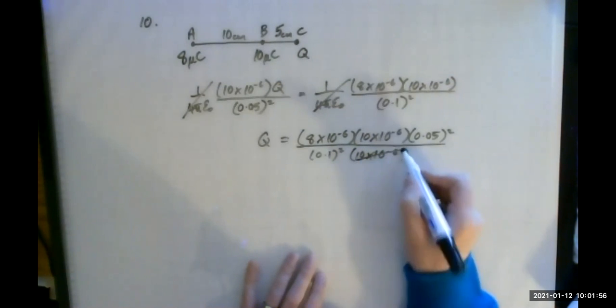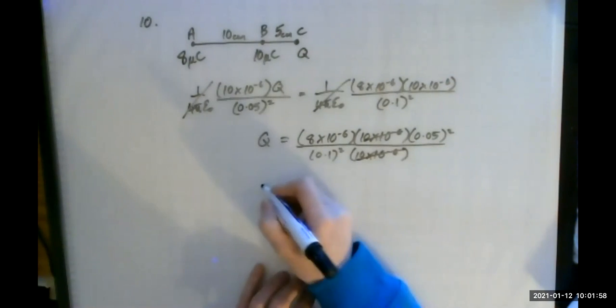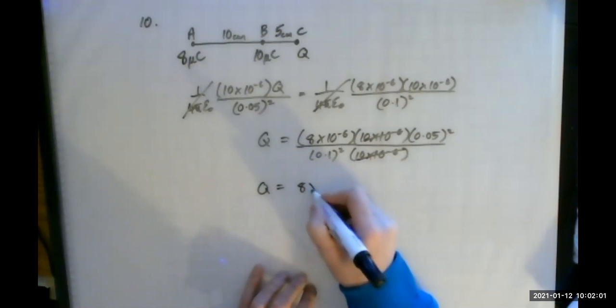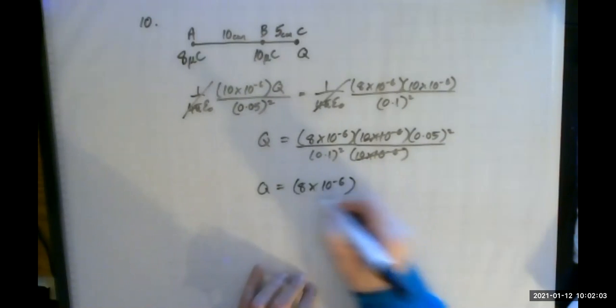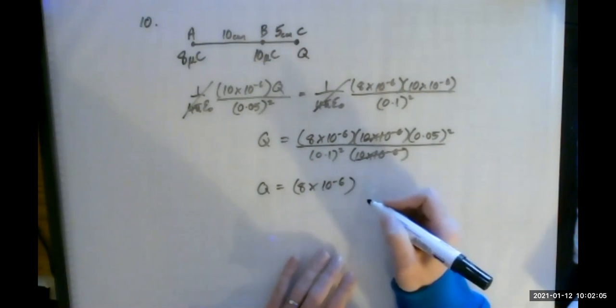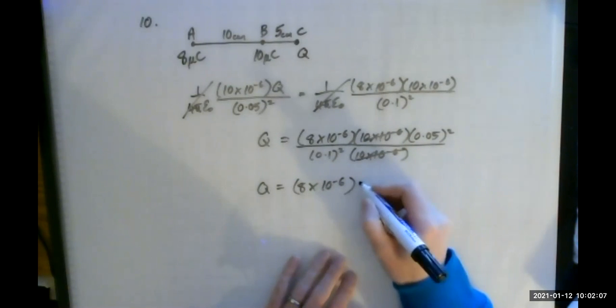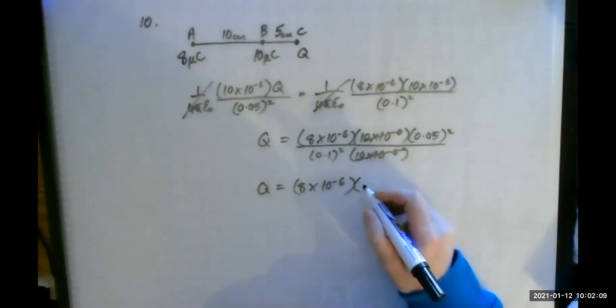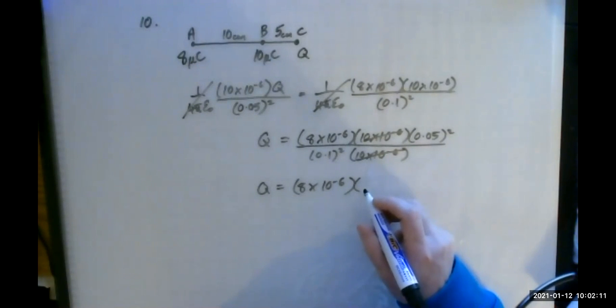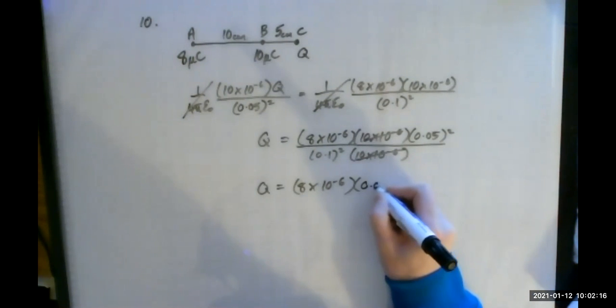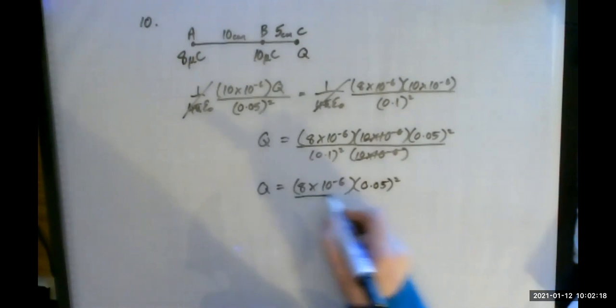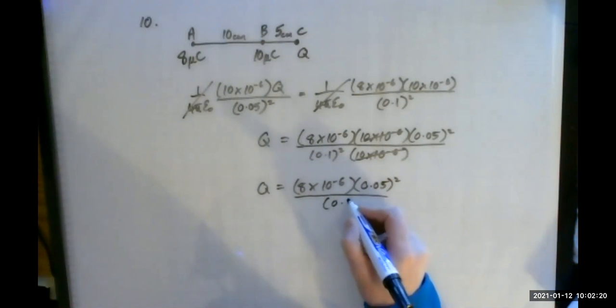So the constants cancel. So Q equals 8 by 10 to the power of minus 6 times 0.05 squared, over 0.1 squared.